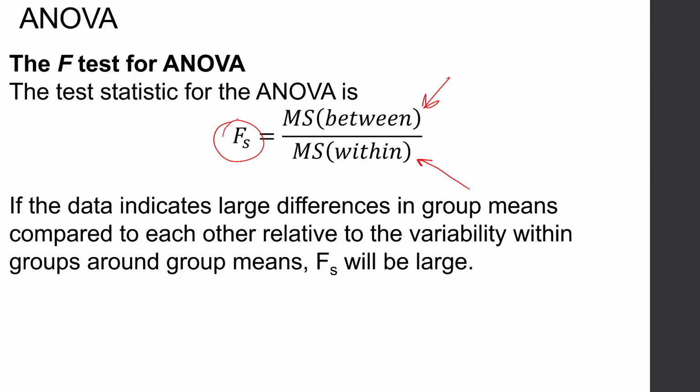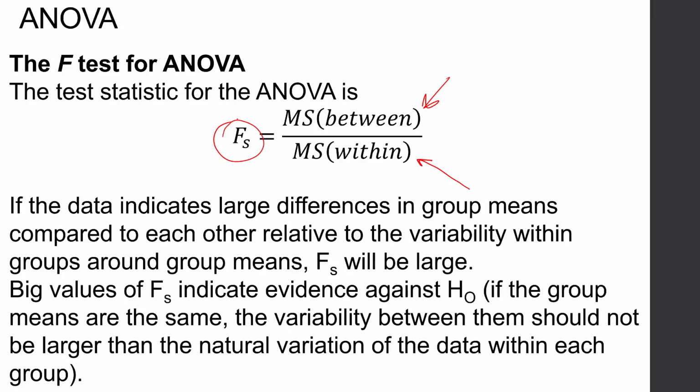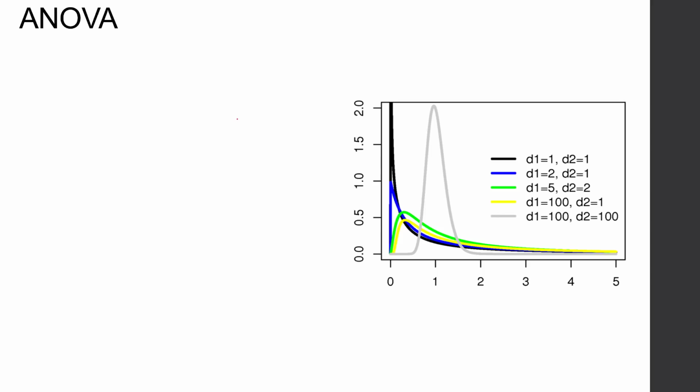All right, so if the data indicates large differences in group means compared to each other, relative to the variability within groups around group means, F will be large. Big values of F indicate evidence against the null hypothesis. If the group means are the same, the variability between them should not be larger than the natural variation of the data within each group.